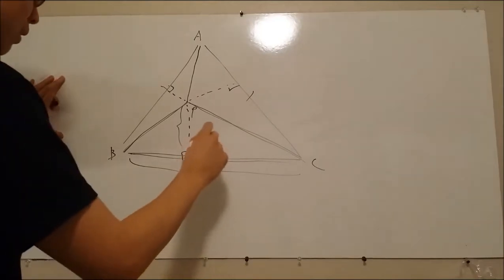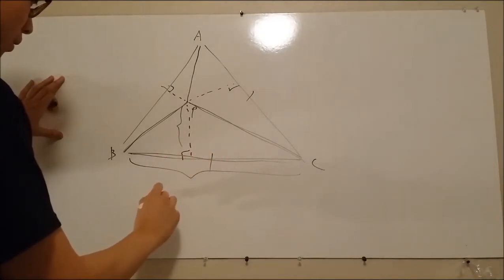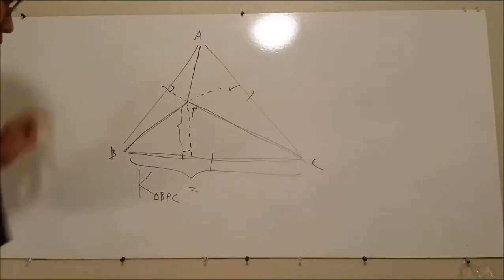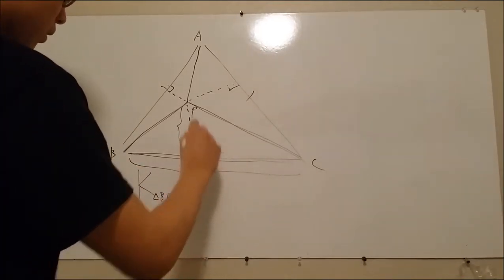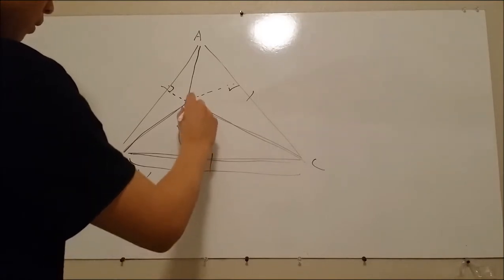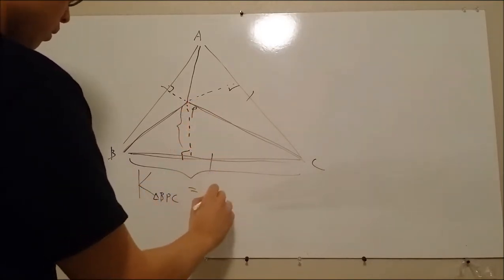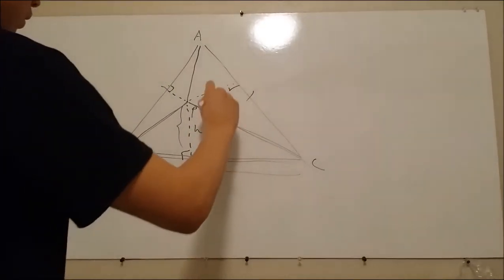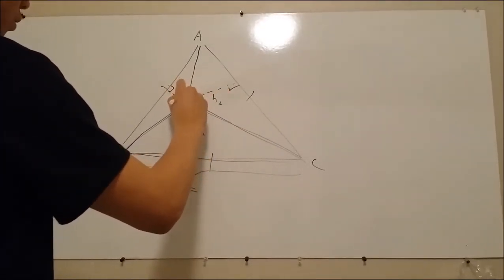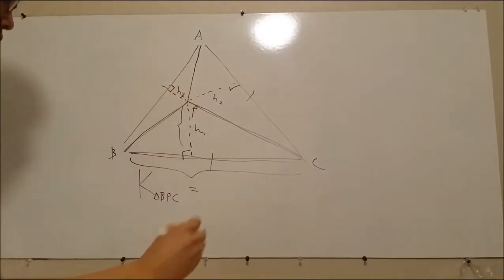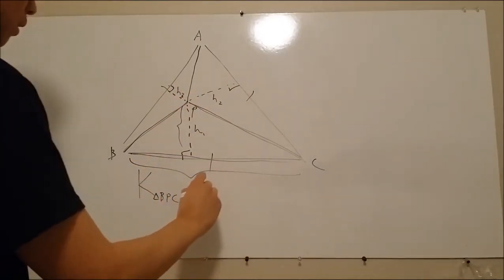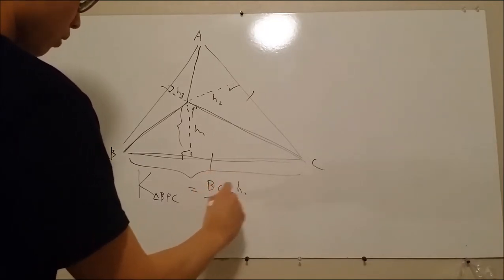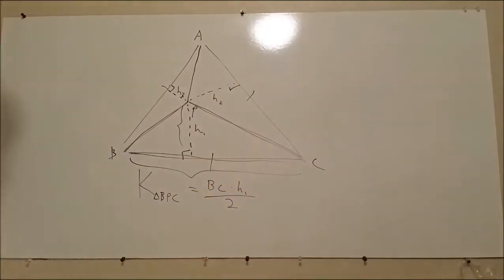So let's say this is a triangle BPC, and the area of triangle BPC is what? It's simply, let's denote this as H1. Okay. So this will be H2 and this will be H3. Right. So the area is simply BC times H1 over 2.